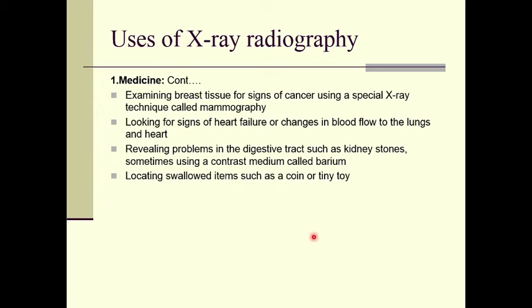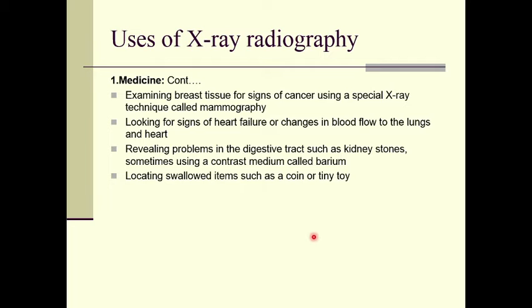And therefore, where bones are not there, inside the stomach or in the digestive tract, when we want to detect any defects inside this digestive tract such as kidneys or intestines, then the barium material will be given to the patients, and when the X-rays are incident on the stomach of the patient, the barium inside the digestive tract will reflect back the X-rays to the receiver, and therefore one can detect any defects or problems inside the digestive tract, right?